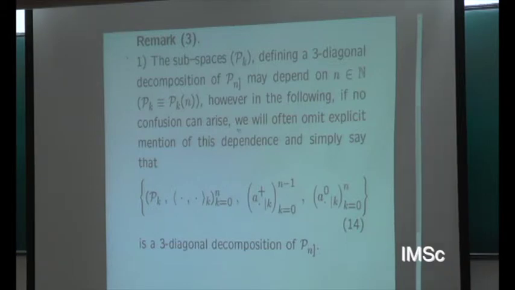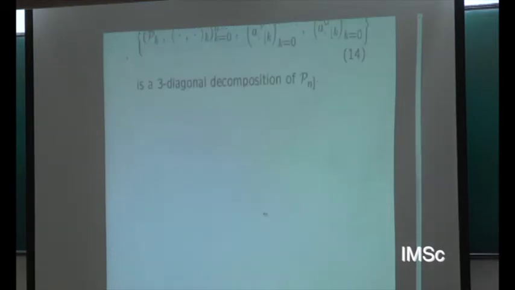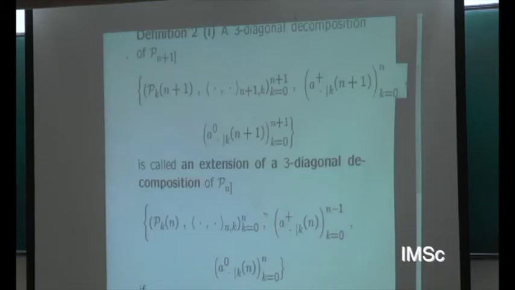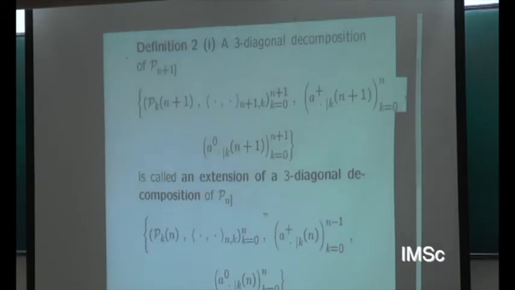And this is also what I said before. In general, these objects pk, and also the scalar product, can a priori depend on n. We will not use this in our definitions, except in the following definition, because this is important. It's the fundamental point that I anticipated before. We introduce the notion of extension of a three-diagonal decomposition.